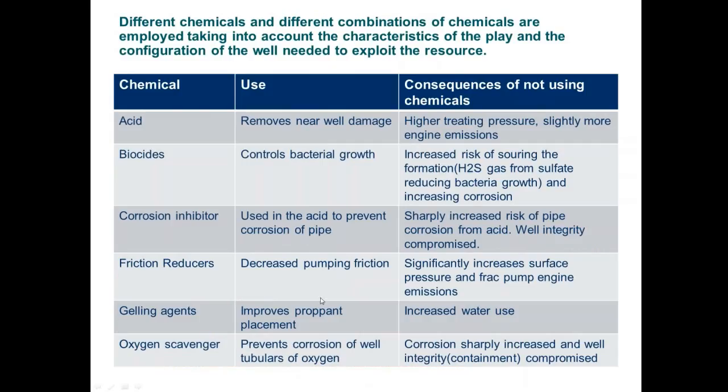Now, frac fluids, there's a lot of talk about its environmental risk, but in general, with hydraulic fracturing, there's more concern actually on what's taken out of the ground than what's injected on the field.